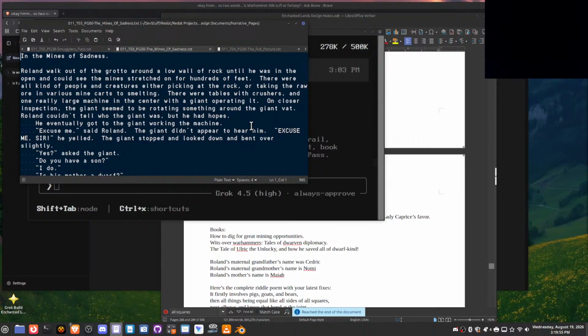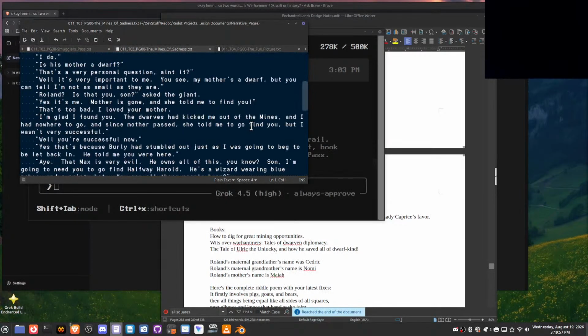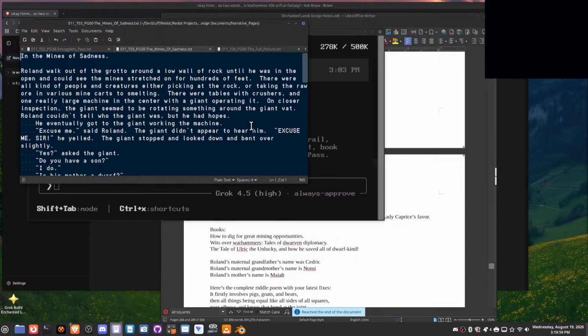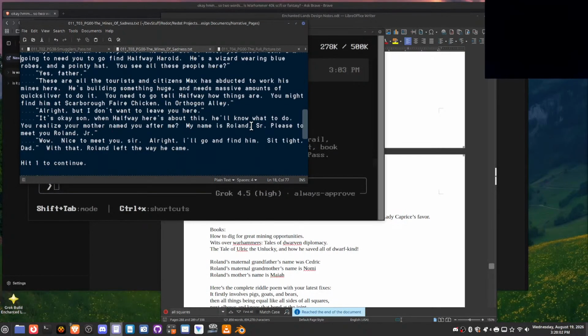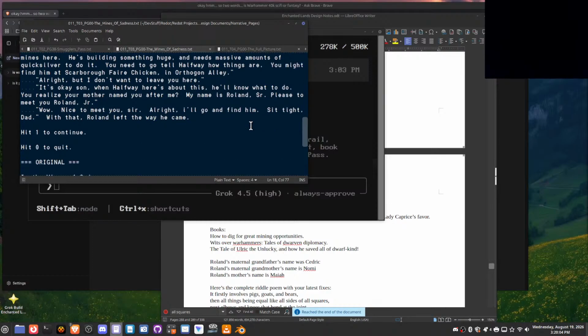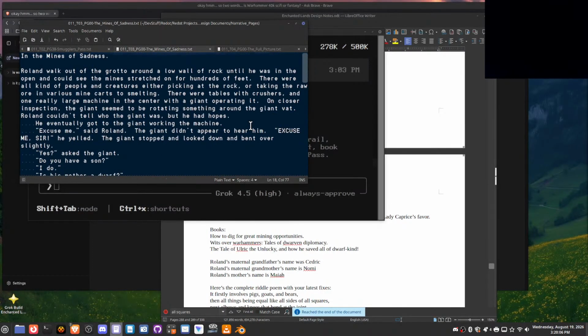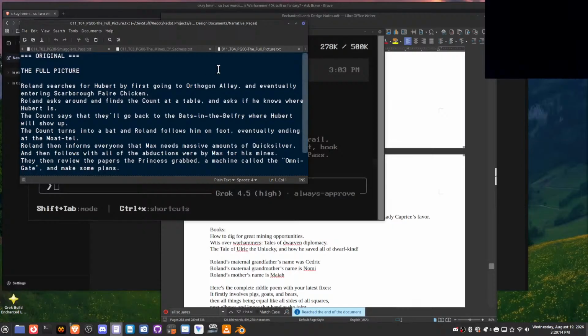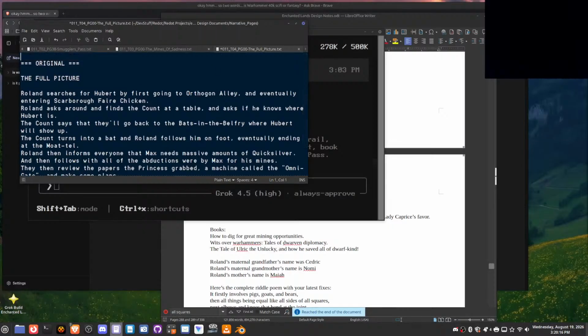I want it to page down one when it pages down one. Oh, 1, 2. Okay, it's 2. A little long, but that's okay. All right, now a full picture.